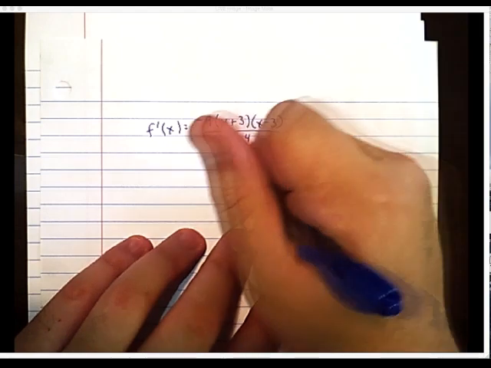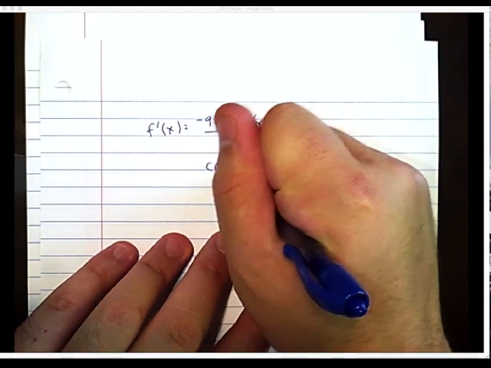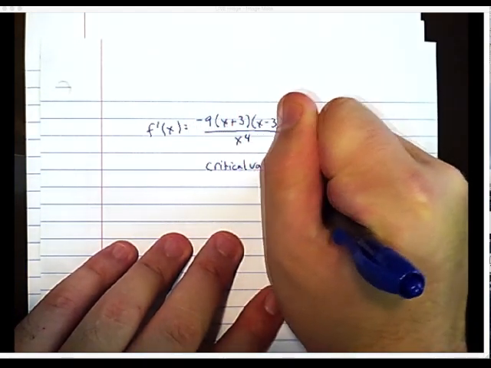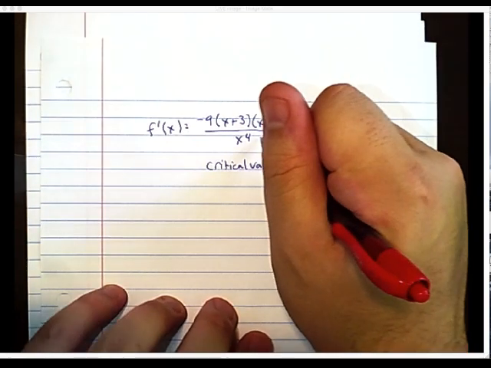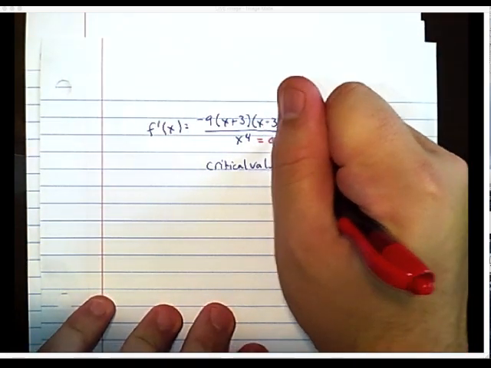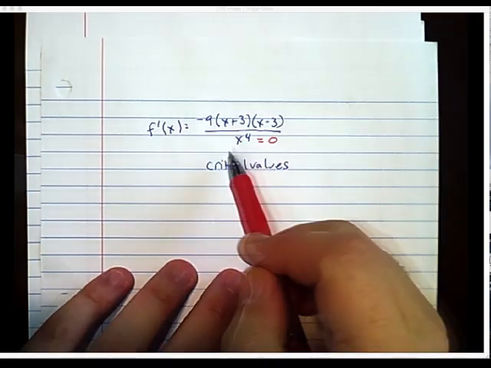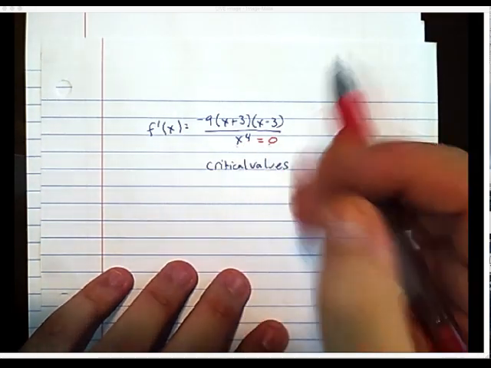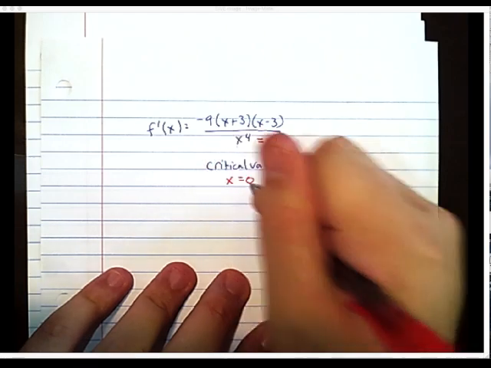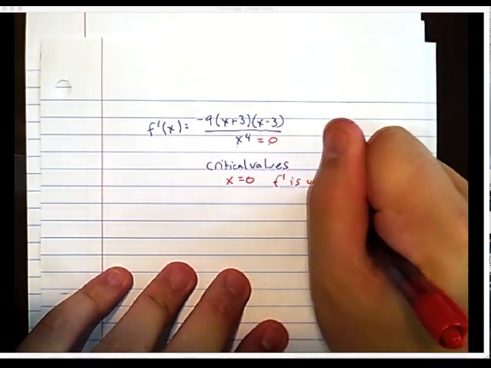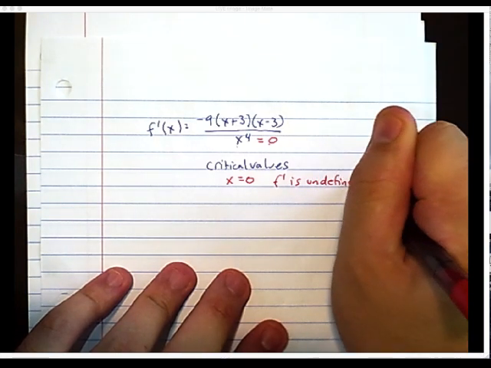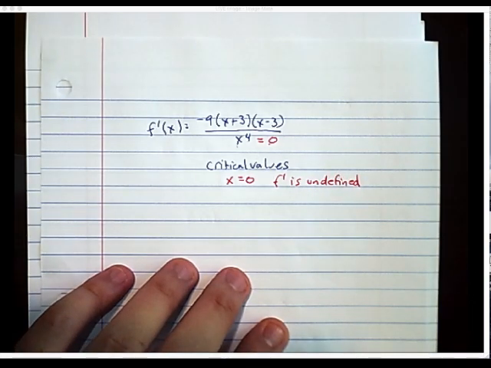So let's think about where the critical values are. f prime of x would be undefined when the denominator equals 0. So what number raised to the 4th gives you 0? Hopefully you know right away that's 0. This is where f prime is undefined, at an x value of 0.